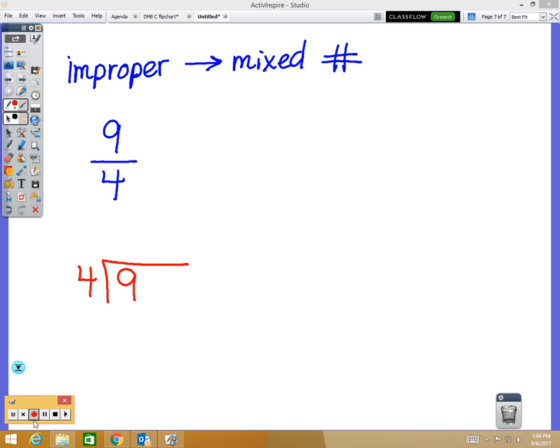All right, so you're wanting to know how many times will 4 go into 9? 2 times. And 2 times 4 is 8. So you'd have how many left over? All right, so a lot of you do that in your head. You say, oh, 4 goes into 9 2 times.